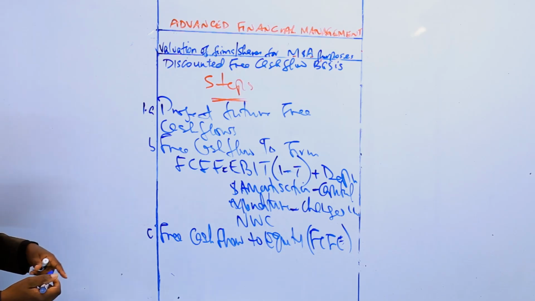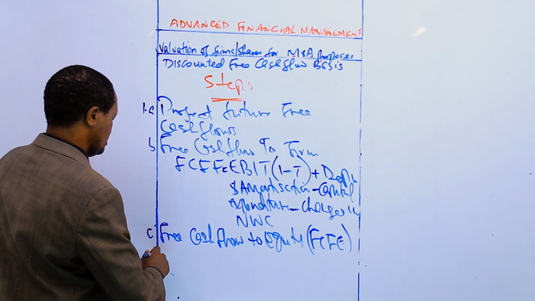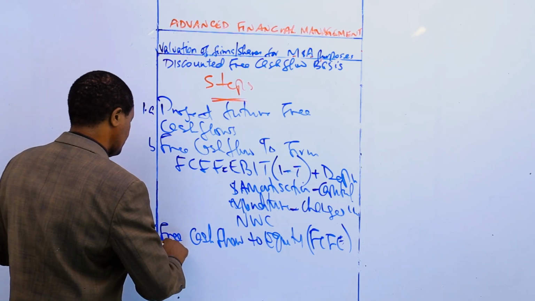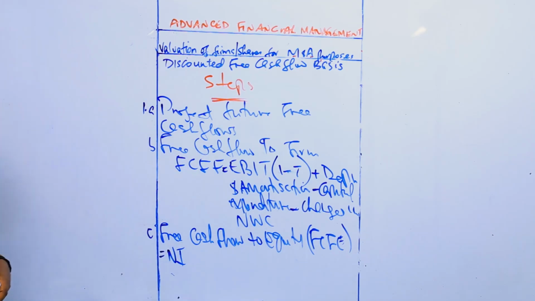Now to calculate the free cash flow to equity, first of all, we begin with the net income.